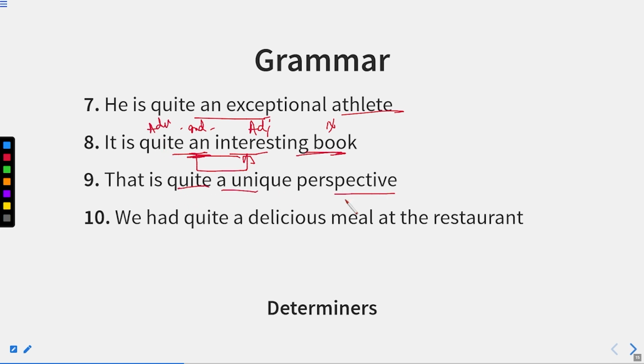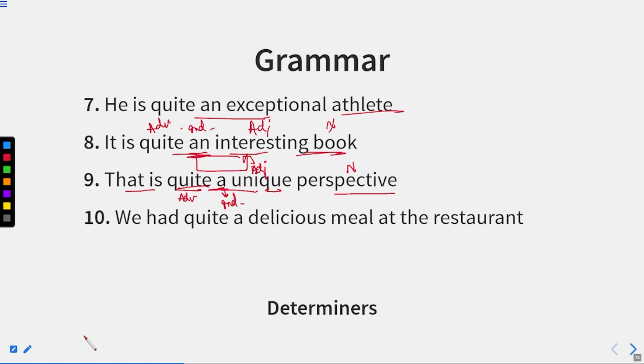That is quite a unique perspective. So perspective is a noun, unique is an adjective, and before that we have quite, which is an adverb, and we are using the indefinite article a between these two words.